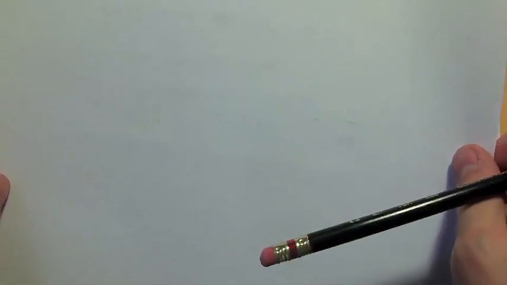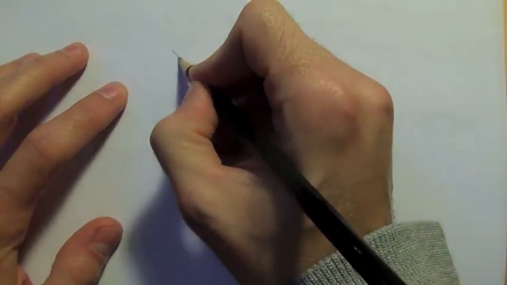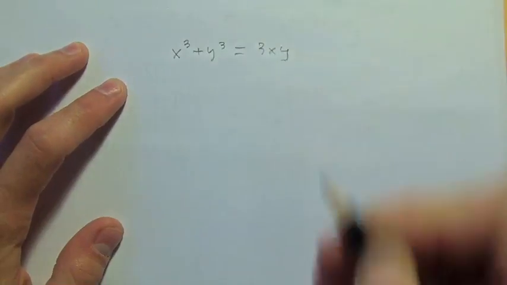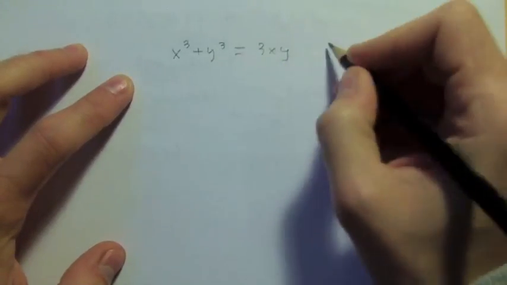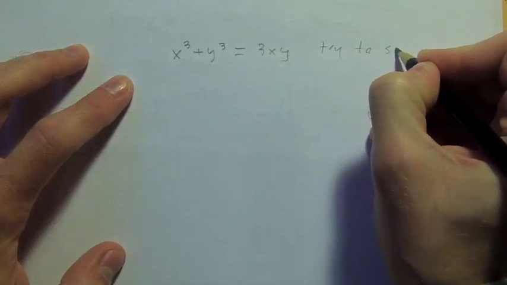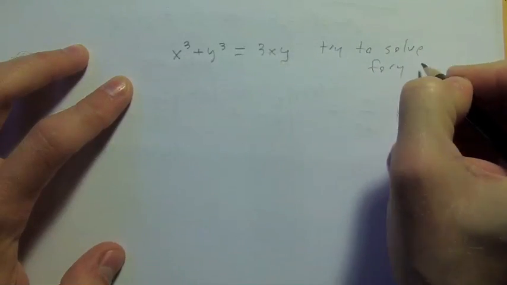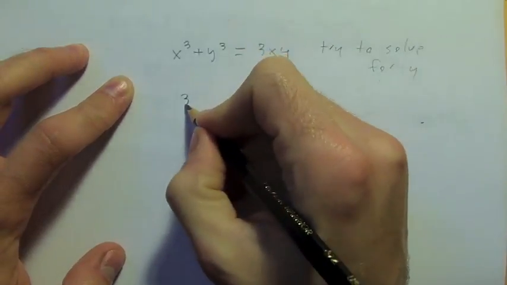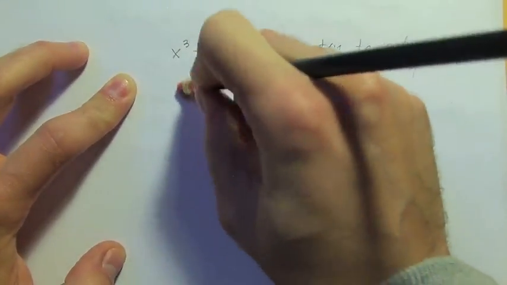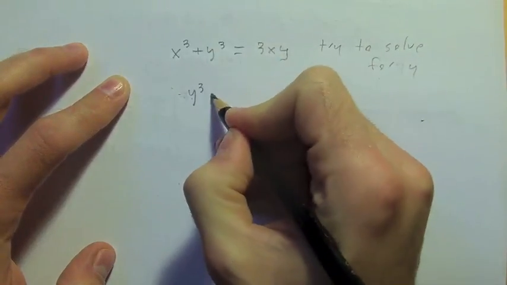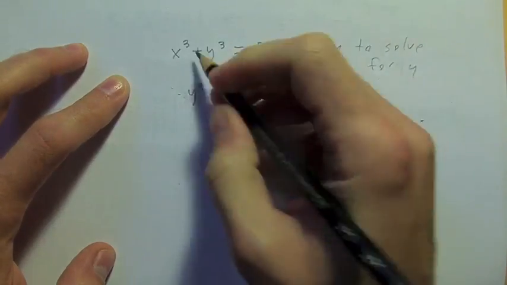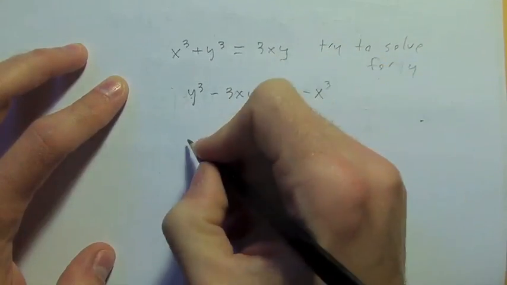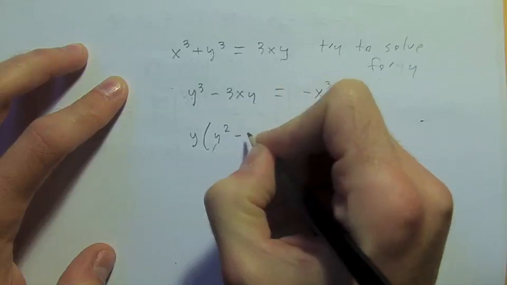For example, if I had x cubed plus y cubed is equal to 3xy and I tried to solve for y, the problem is when I move my y's over here and my x value over here, and I factor out a y, I'm still left with y's on the inside.